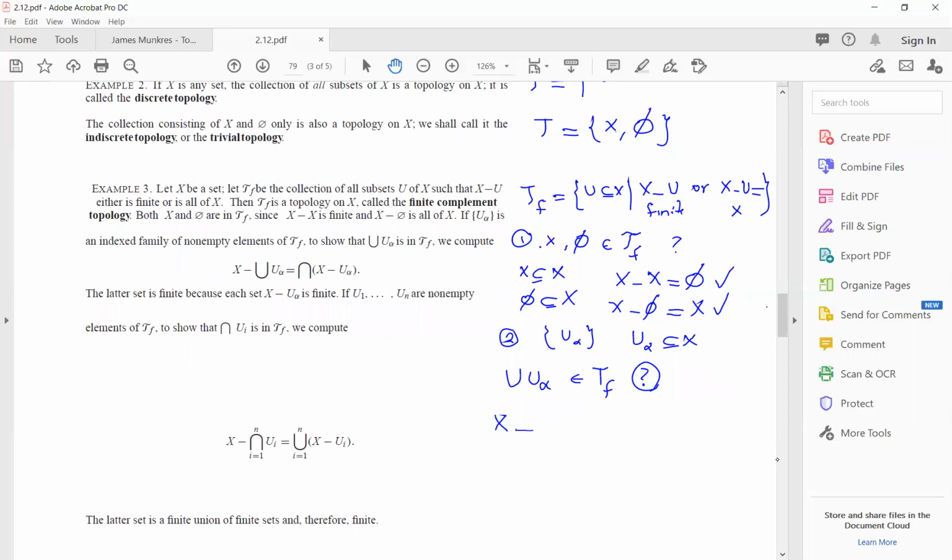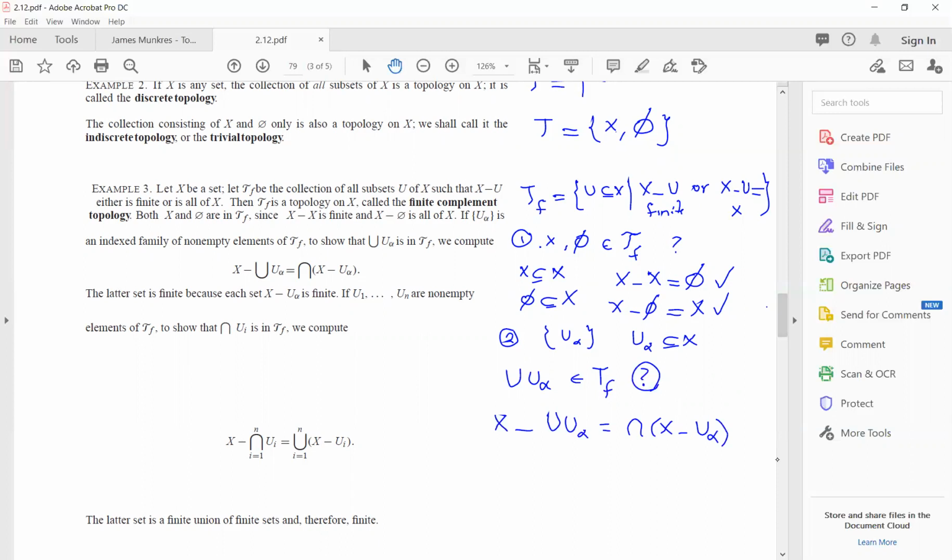X minus the union of these subsets. If you remember De Morgan's law, it is equal to the intersection of the complements. Very well.